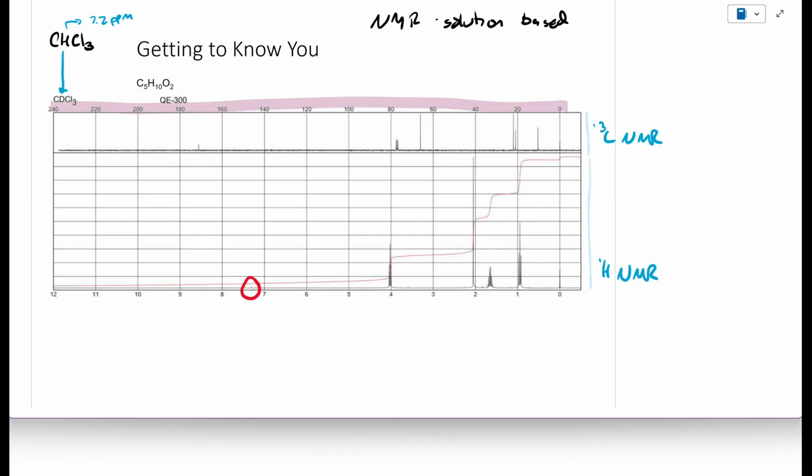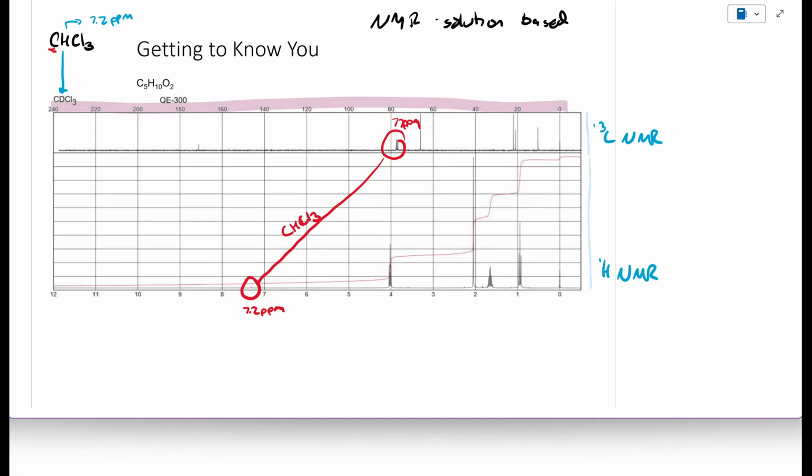Now, since we have the carbon overlaid on top of this one, I'll just go ahead and tell you now that the carbon signal in chloroform shows up here at around 77 parts per million. And in proton NMR, it showed up at about 7.2 parts per million. These are the signals from the solvent, the proton from the protiochloroform and the carbon from chloroform.